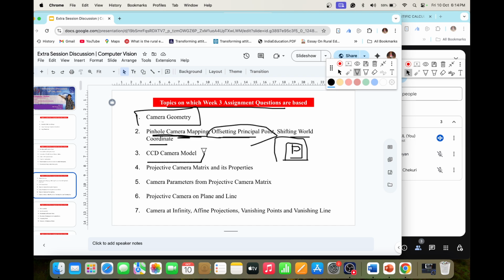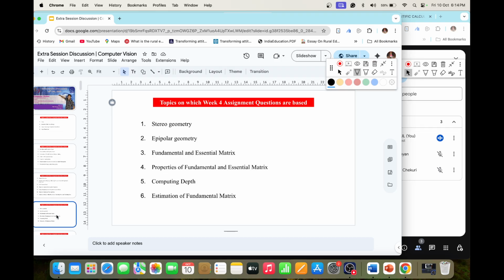And then the CCD camera model is more complex than the shifting world coordinate projection matrix. The projective camera matrix and all these properties are very important. In this you can also get the fundamental matrix and the essential matrix. I think we will learn more about those in week 4.